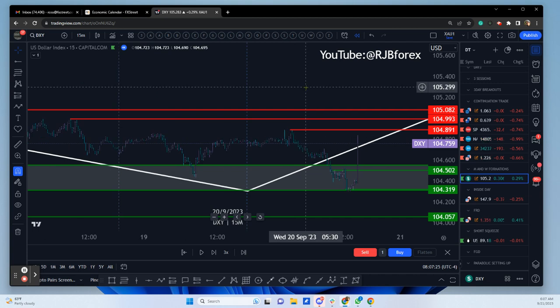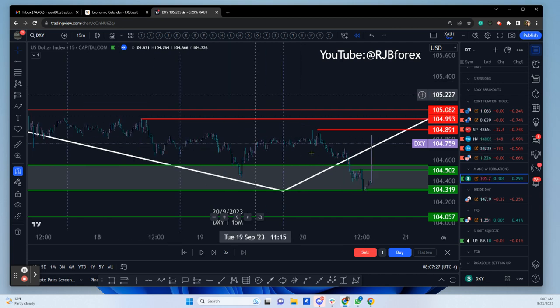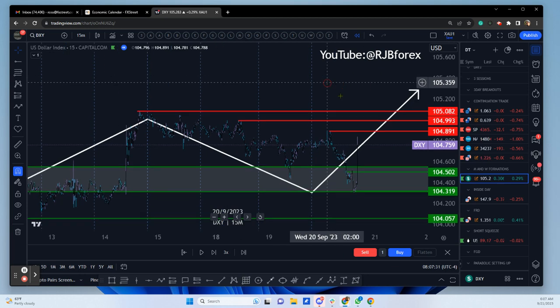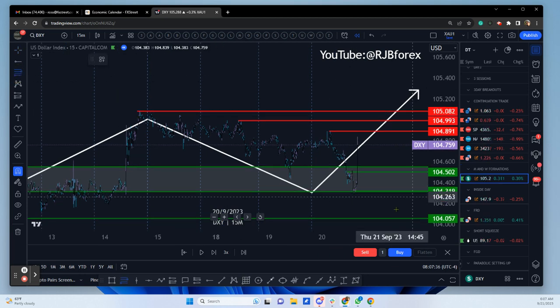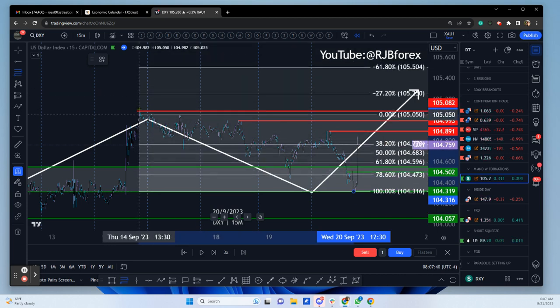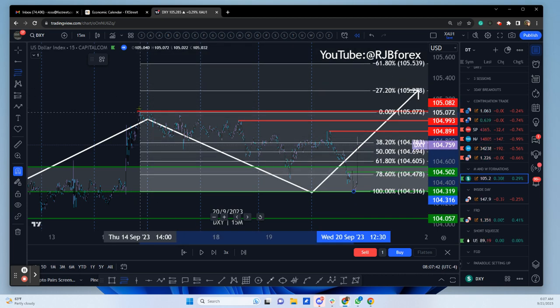But at this juncture, you want to start measuring the bottom of the correction to the top. So the bottom of the correction to the top.